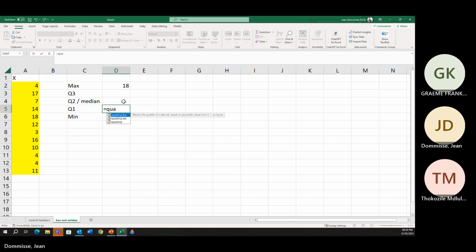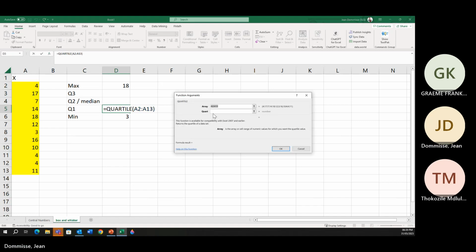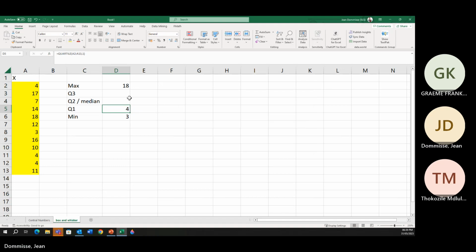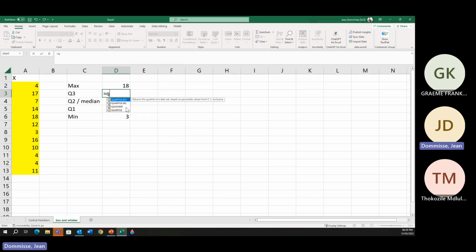So then if I use this function of the quartiles, for quartile 1, we work it out and your value is 4. For quartile 3, we work it out.